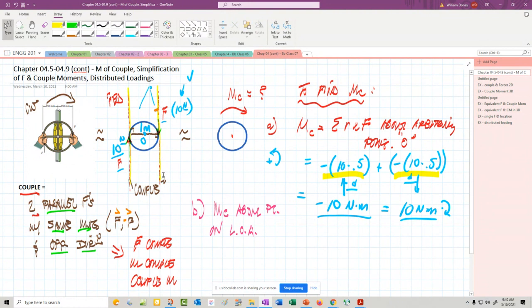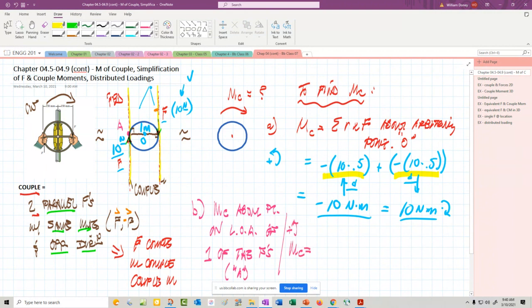So take the moment about a point on the line of action of one of the forces. In our example, let's call this point over here on the left point A. So let's take it about point A.